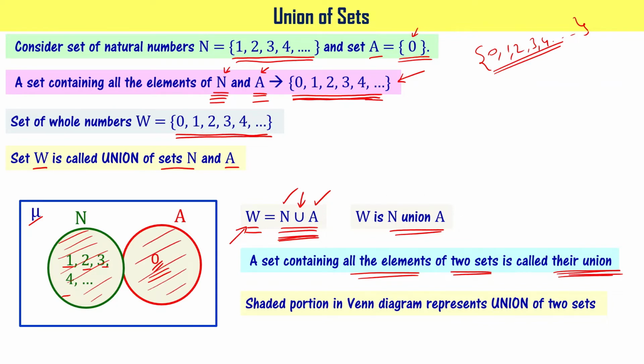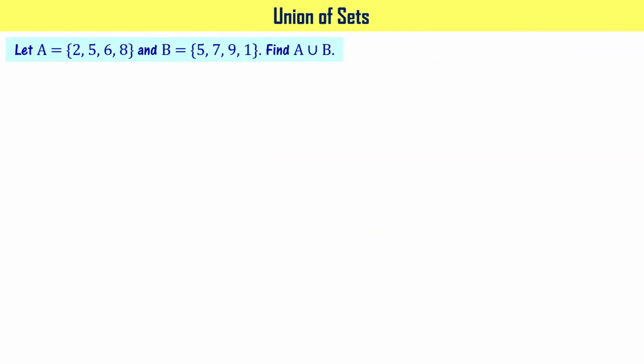That shaded portion of the Venn diagram represents the union of two sets. Set N and set A together is called union of two sets, and that is shown using shaded portion in Venn diagrams.